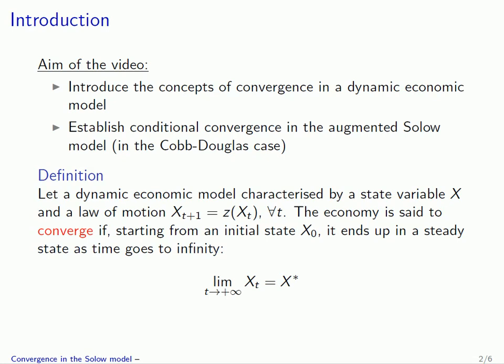So convergence here means that the economy starts at x_0, moves to x_1, x_2, and so on, and finally, if we wait sufficiently long, the economy ends up in a steady state.